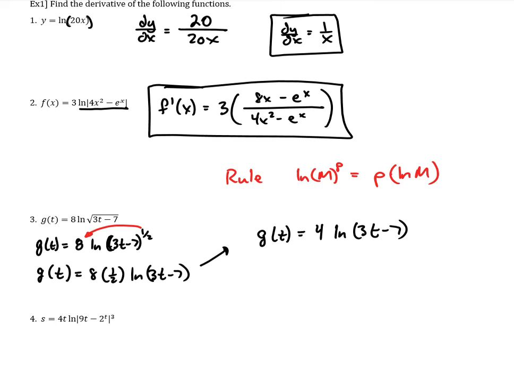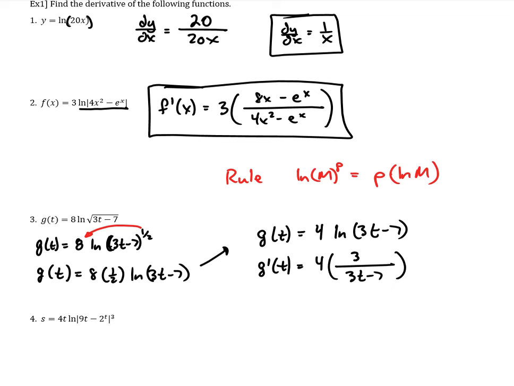Now we can do this derivative with no problem. So the derivative g prime of t is 4. This 4 is just hanging out. And then I'm going to set up a set of parentheses and say, all right, the derivative of your natural log portion is to take the argument, the 3t minus 7, and put it down in the denominator. And then to take this same expression and put the derivative of it in the numerator.